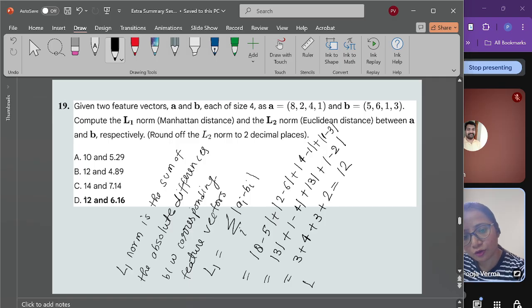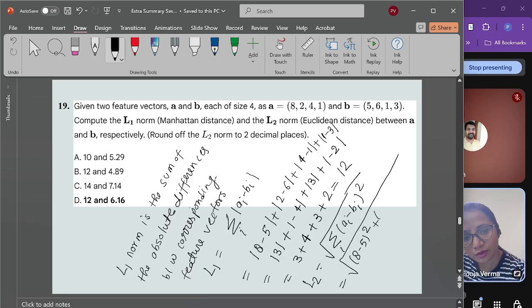Similarly, the L2 norm is defined as the Euclidean distance, right? The square root of the sum of the squared differences between the feature vectors. So similarly, we have to calculate 8 minus 5 square, plus 2 minus 6 square, plus 4 minus 1 square, plus 1 minus 3 square, right?